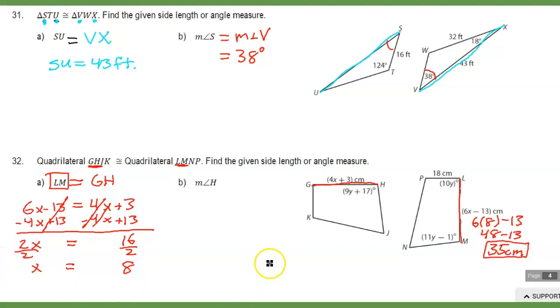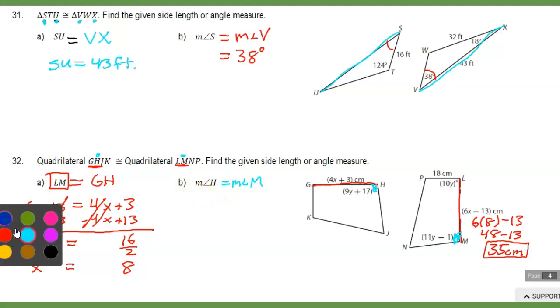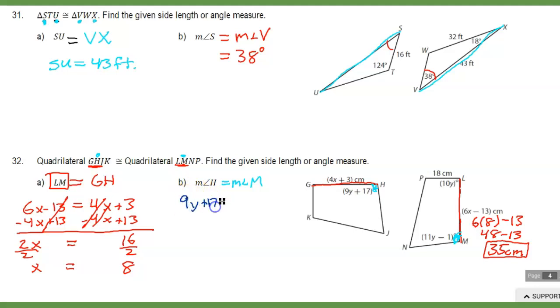Good. And then we can find measure of angle H. Here's H here, which will be congruent to M. So here's angle M and angle H. So H equals 9y plus 17.